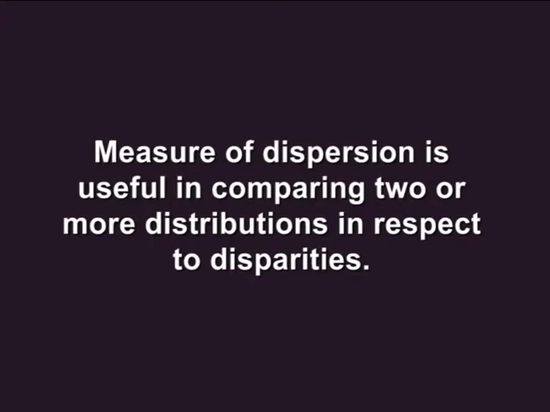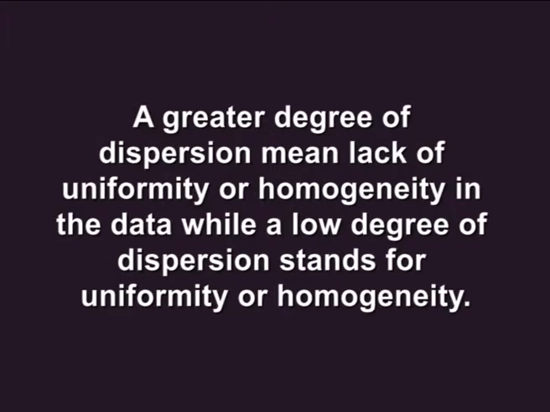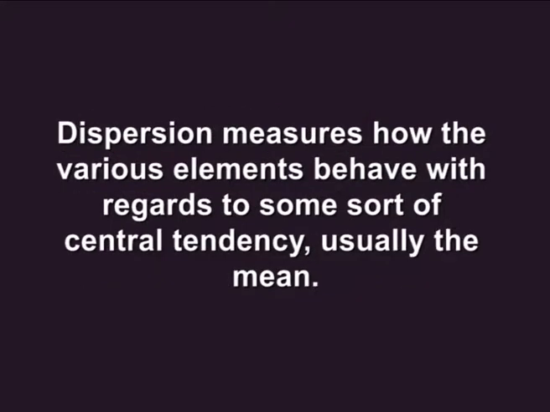Degree of dispersion. Measure of dispersion is useful in comparing two or more distributions in respect of disparities. A greater degree of dispersion means lack of uniformity or homogeneity in the data, while a low degree of dispersion stands for uniformity or homogeneity.